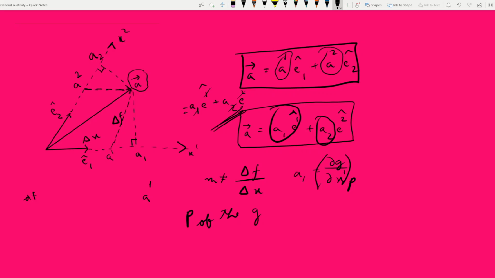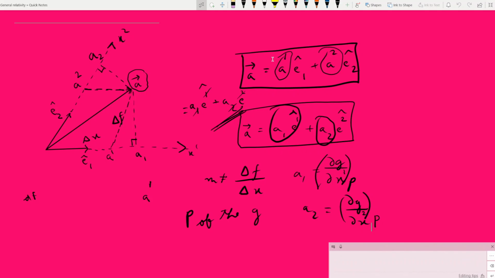So A2 should be del g by del x2, the covariant component, evaluated at an arbitrary point P, right? So these were the crucial details that were lacking in our lecture 2. So that is all done.